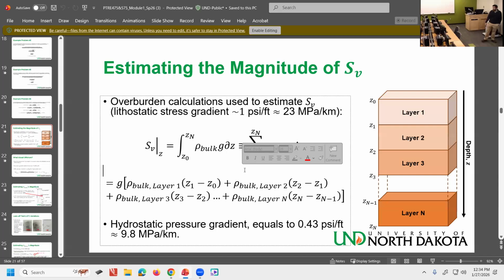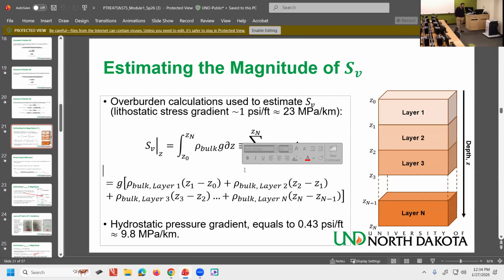Now, a rule of thumb approximation for the depths that we care about as petroleum engineers: the overburden, the lithostatic stress gradient, is approximately 1 psi per foot, which translates to 23 MPa per kilometer. That compares to 0.43 psi per foot for fresh water, which is 9.8 MPa per kilometer.